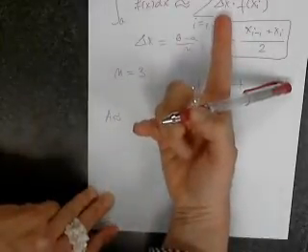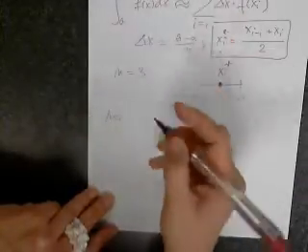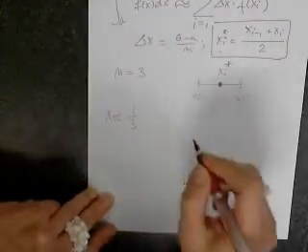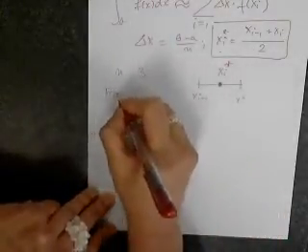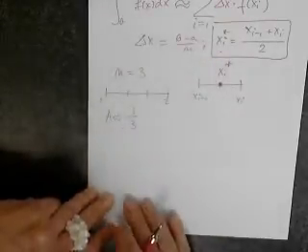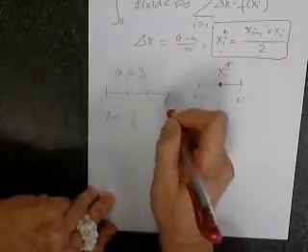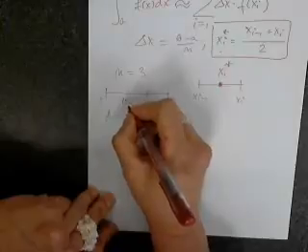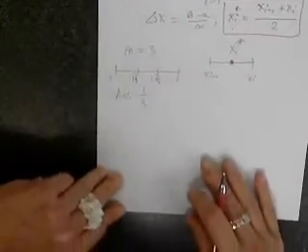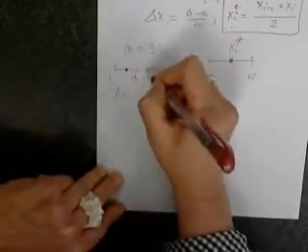So the area will be approximately delta x, which is 2 minus 1 divided by 3, so 1/3. Since I have 3 subintervals between 1 and 2, this is 1, then 1/3 plus 1/3 plus 1/3. This is 1 and 1/3, and this is 1 and 2/3. I have to use the midpoint.